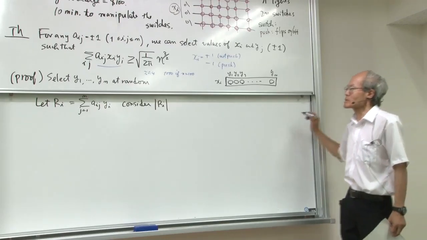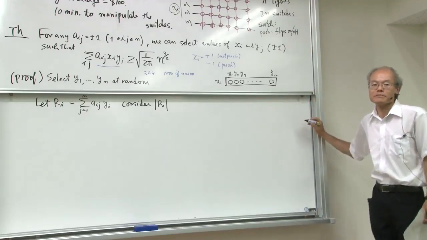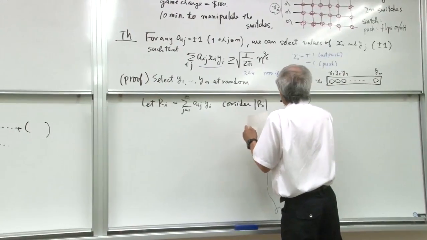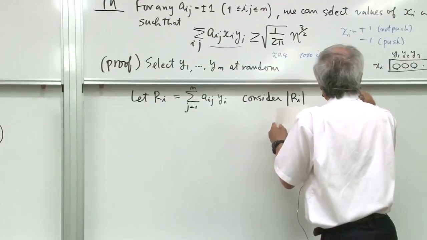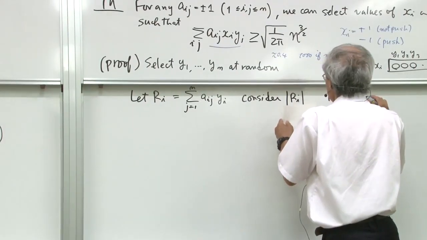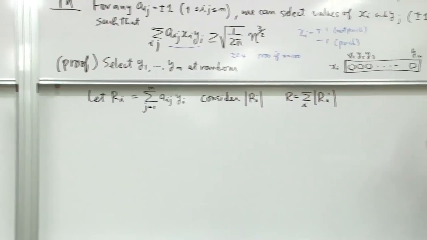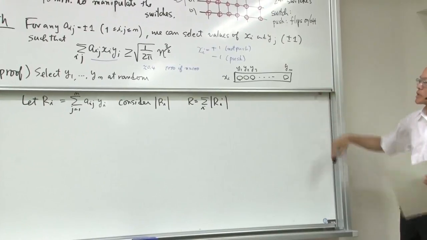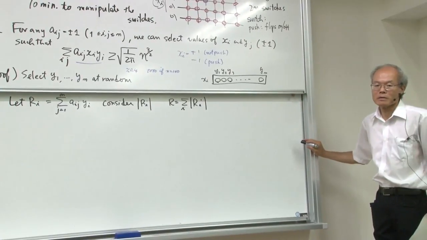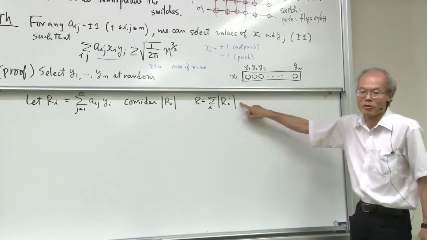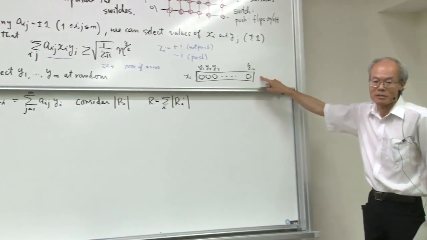But let's consider the absolute value. R is the sum of all the rows. So this is not your bonus, because your bonus might be minus somewhere.